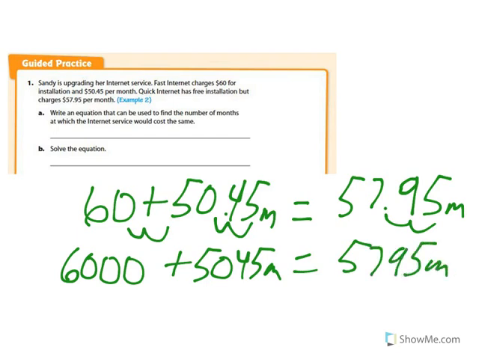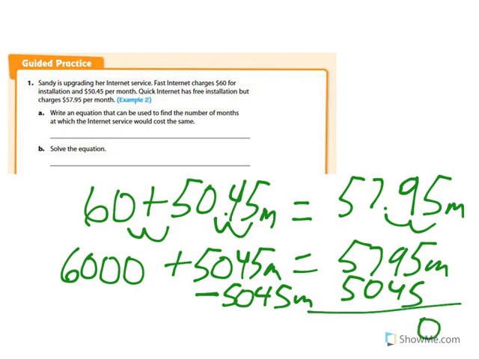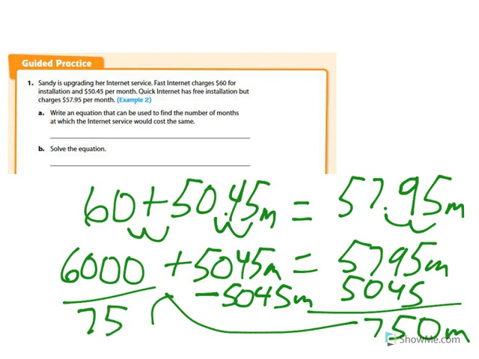I'm going to subtract now to get rid of it on this side, and I balance it on the right. In doing so, we have 750M goes into 6,000, so I divide that by 750.